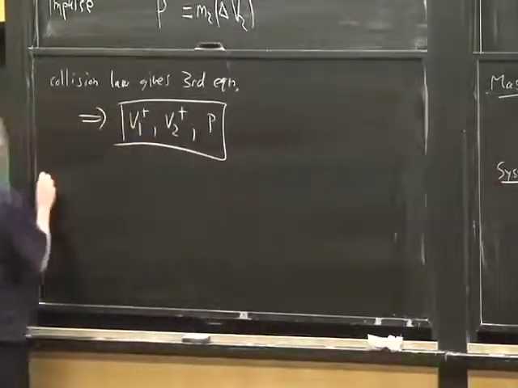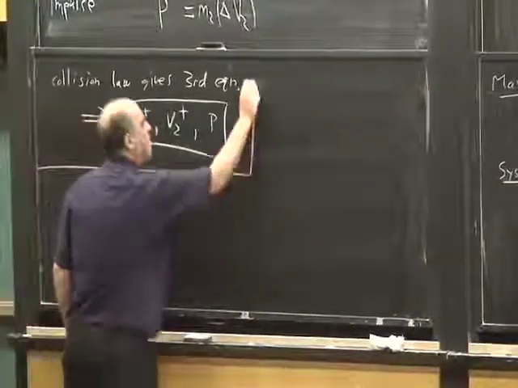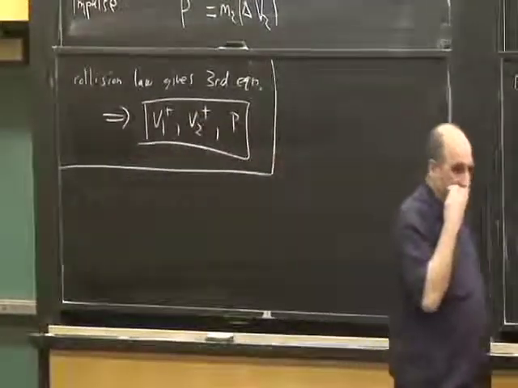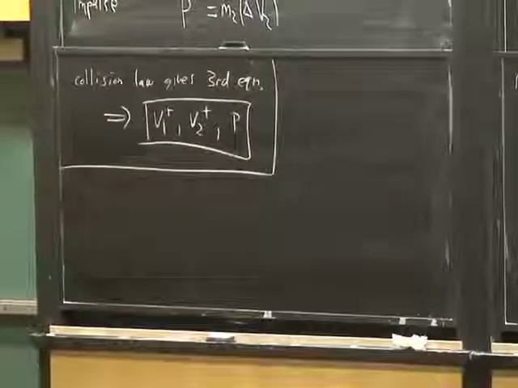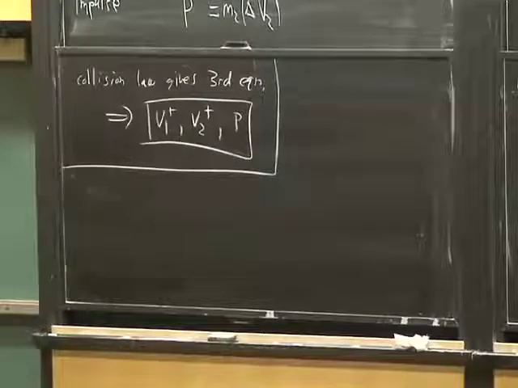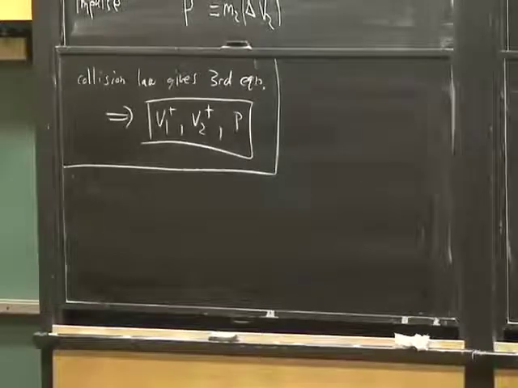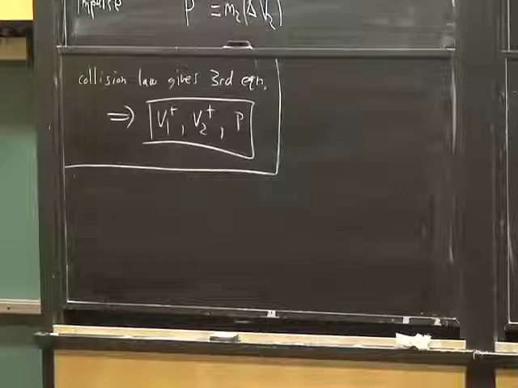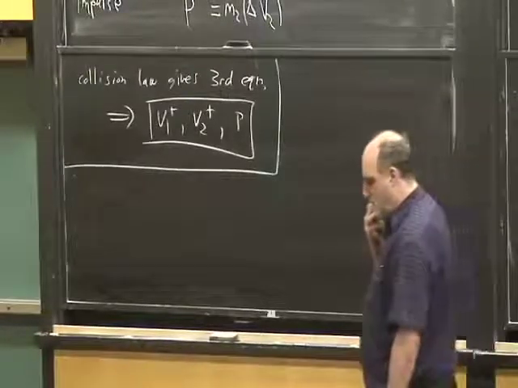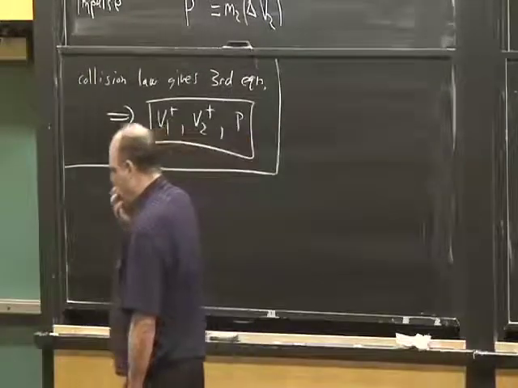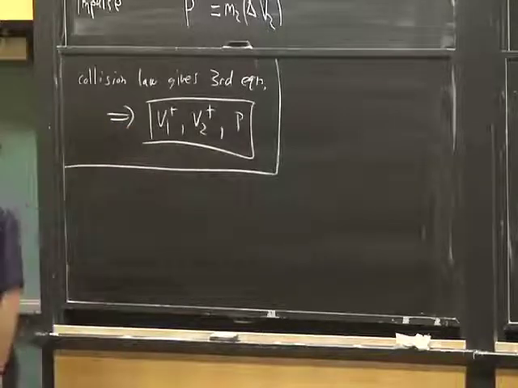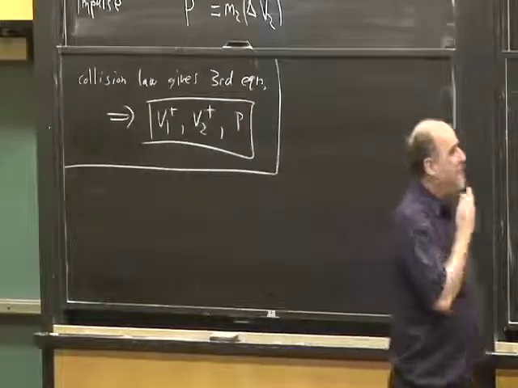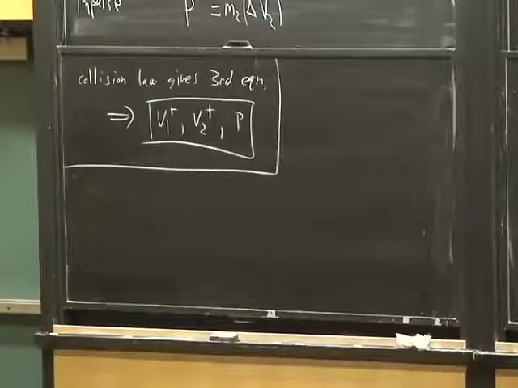Let me just do a little aside. Any questions about being able to do that algebra? You can calculate the difference between the velocities beforehand. You can use the coefficient of restitution to figure out the differences afterwards, and then work your way back through here.